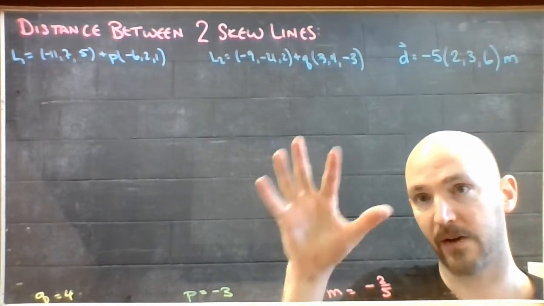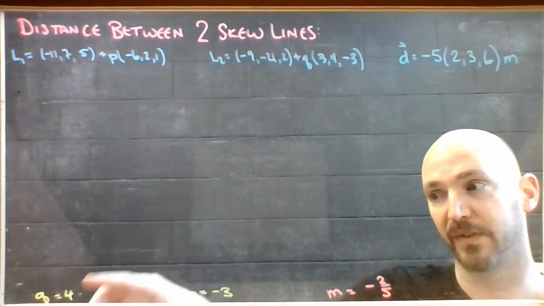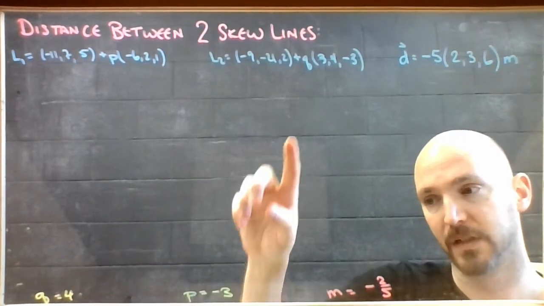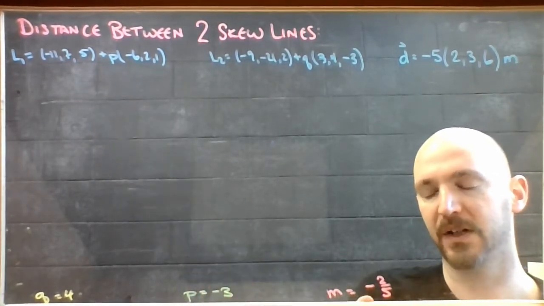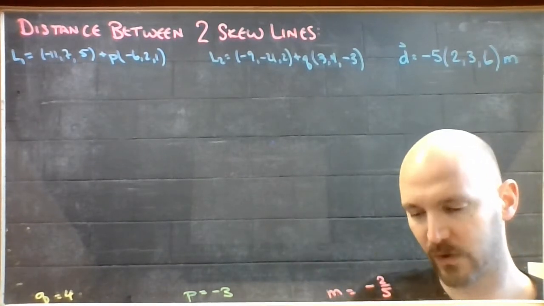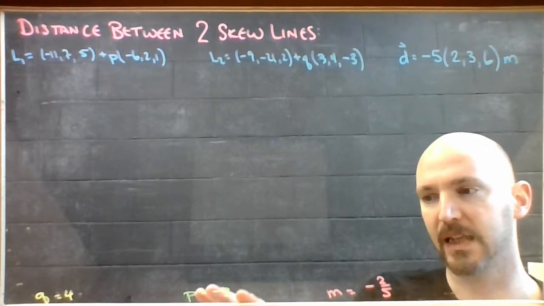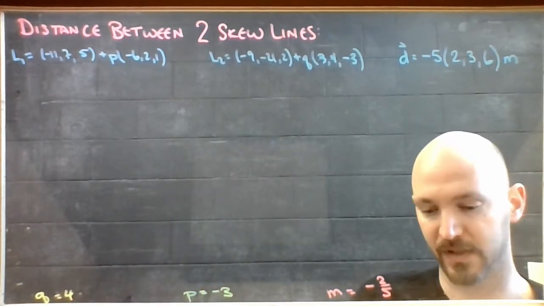So after a whole bunch of algebra, I figured out that the value of q was 4. Well, q is there. The value of p is -3, and that's here. And the value of m is -2/5, and that's up there. So all I'm going to do is take these numbers and fill them in and see what I get as a result.